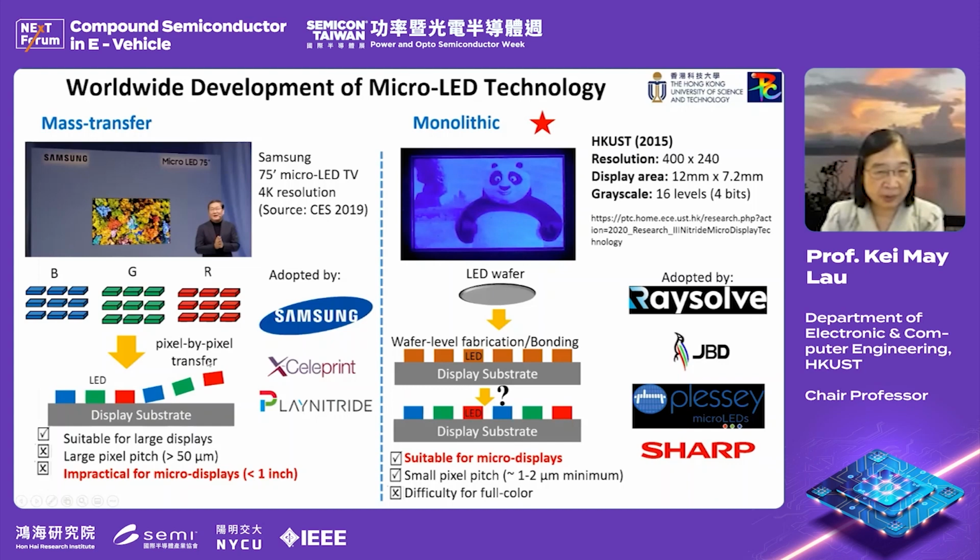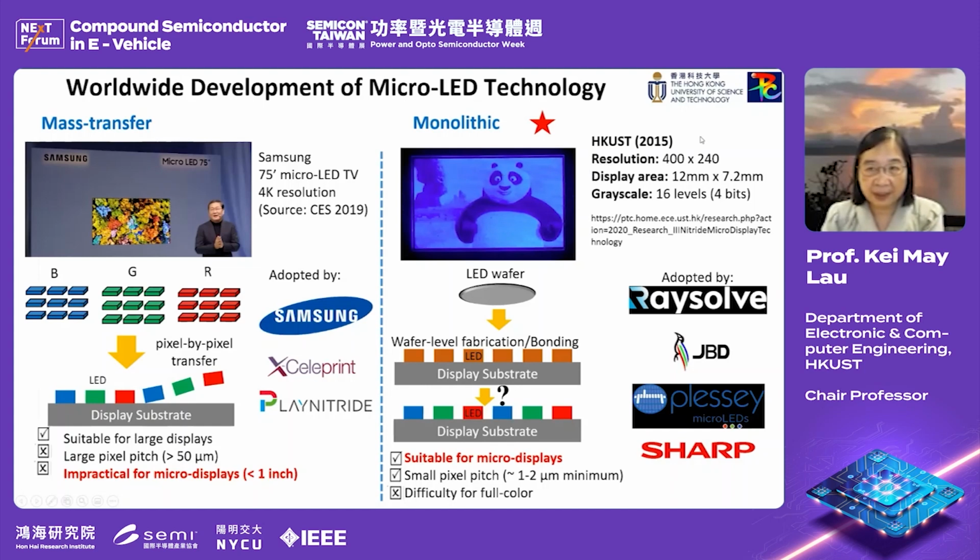People call it transfer printing or mass transfer. It makes sense if you are working with a larger pixel size and a large pixel pitch. The other approach is the monolithic approach, and this is what we have been working on.